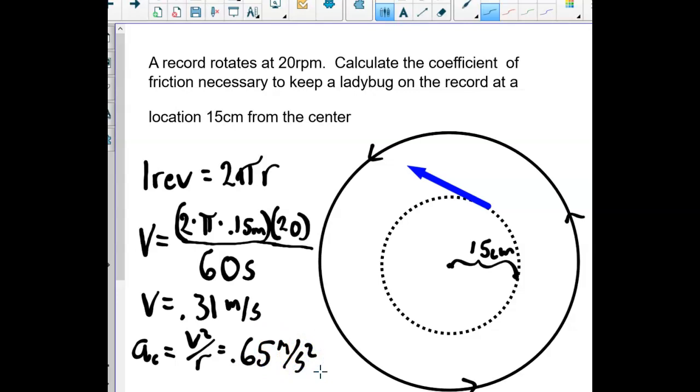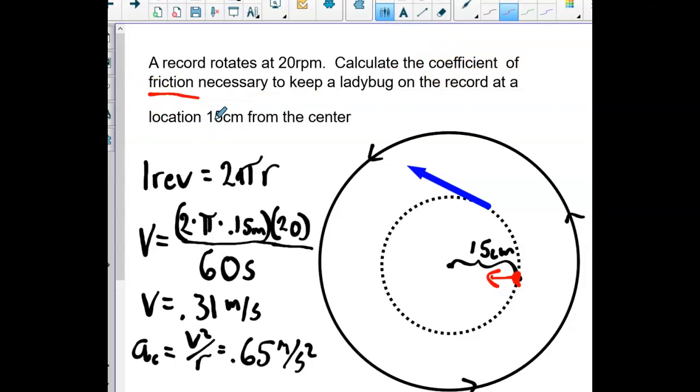Now, if we're thinking about what's going on with this object, we know how it's moving, and we know the acceleration towards the center. But in order to calculate something like friction, I have to kind of change my perspective.